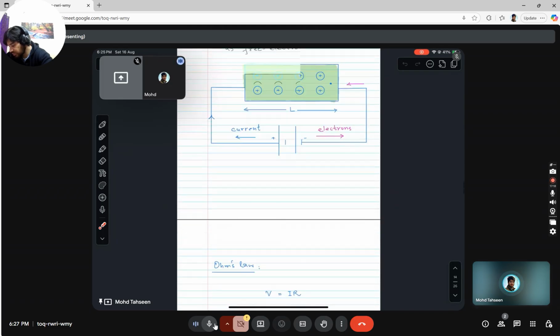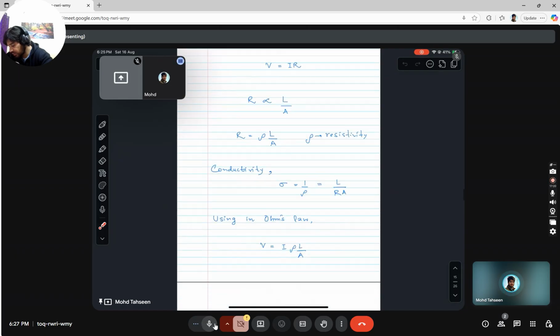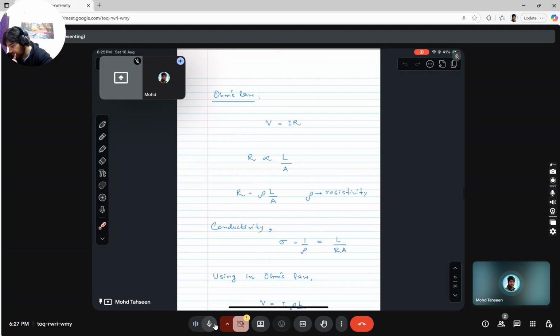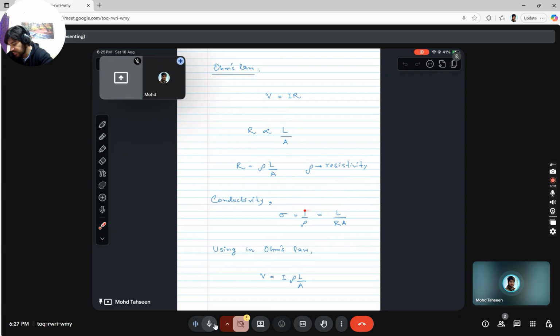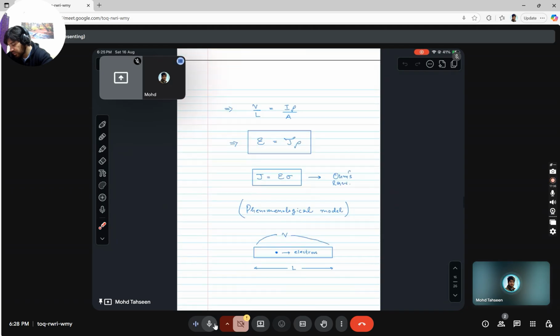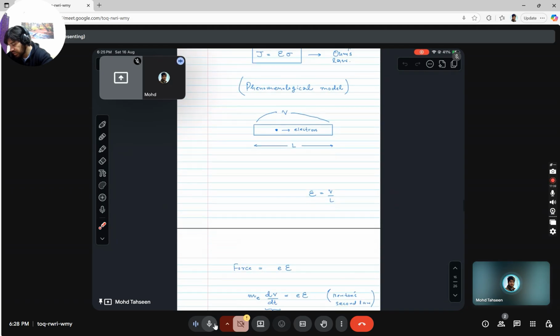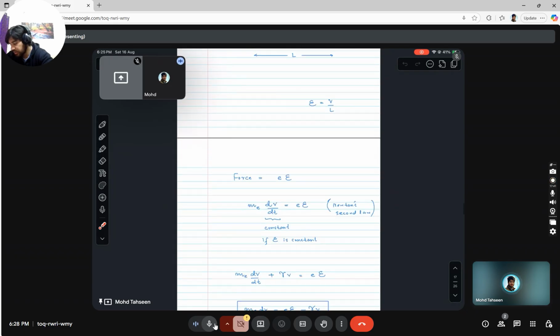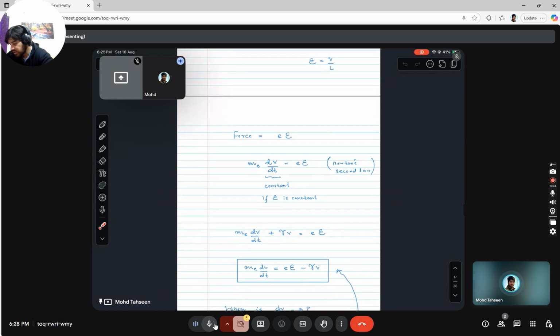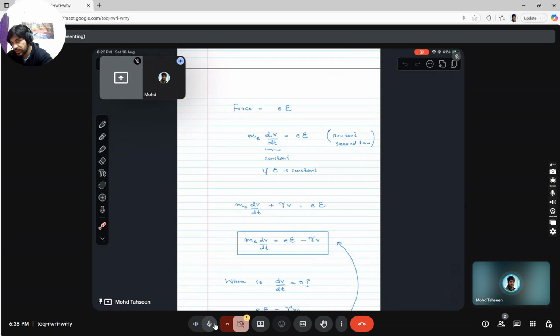So this is where the Drude model begins. For conductance, as we usually define it from Ohm's law, we define the conductivity as 1 over resistivity, and then we derive an equivalent expression for this conductivity by considering these electrons as particles of a free electron gas.